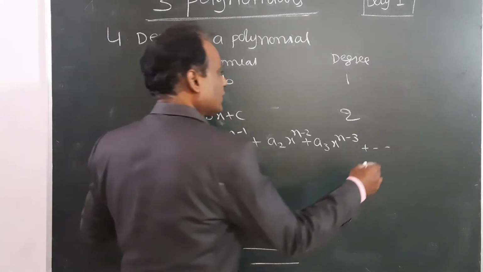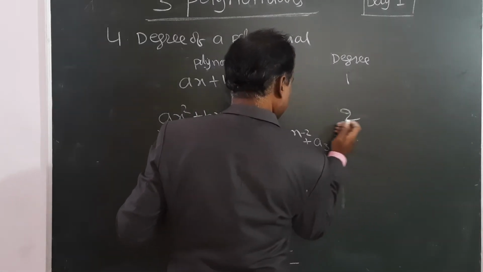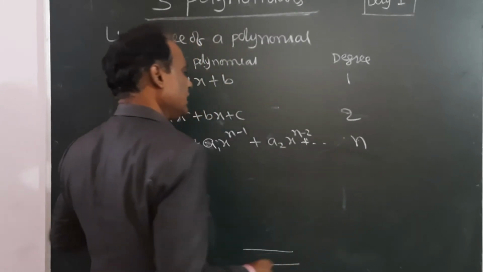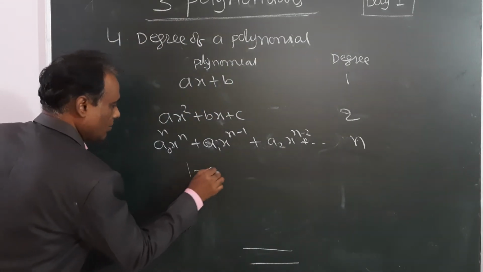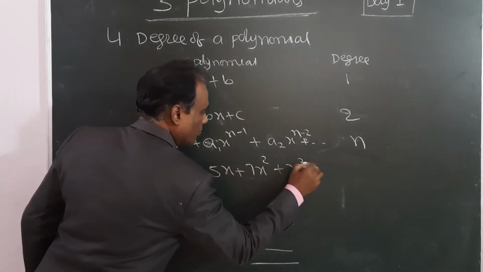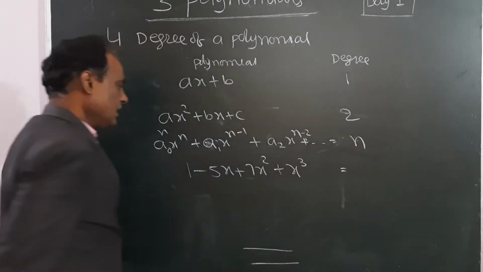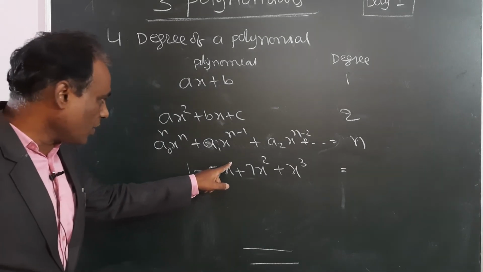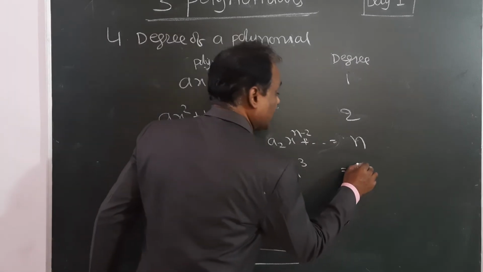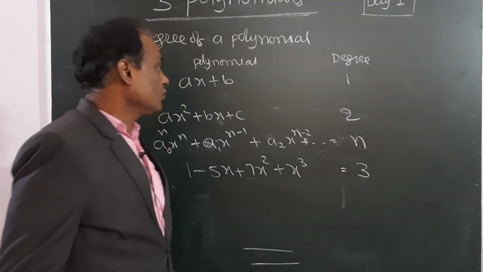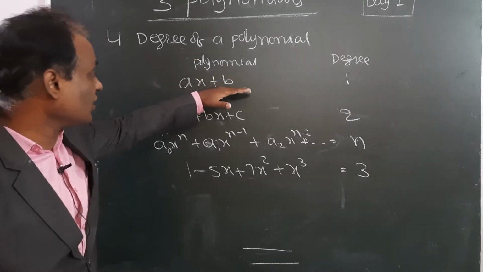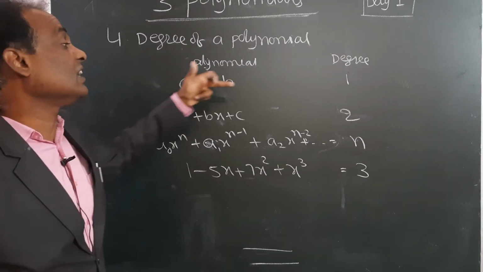So the degree is n. Suppose if it is 1 minus 5x plus 7x square plus x cube. What is the degree here? This x power is 1, x power is 2, x power is 3. 3 is the highest degree, degree is 3. So that means the highest power of x which exists in a polynomial is called its degree.